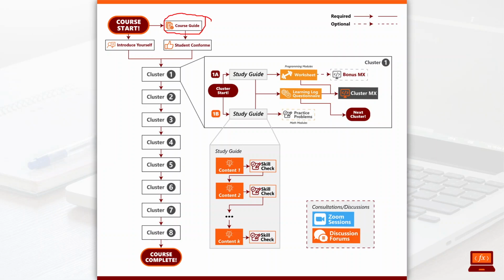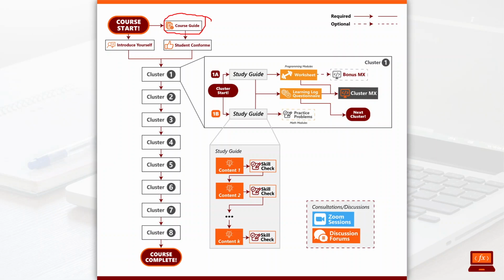Okay, ano ba yung laman about cluster? Again, I have discussed this earlier. Divided into two, mayroong A and B. So for the A, ito yung programming modules. So may study guide dyan. Ano yung study guide, sir? Sila yung parang notes talaga, notes ng bawat topic. Kasi yung cluster niyan is subdivided into content.